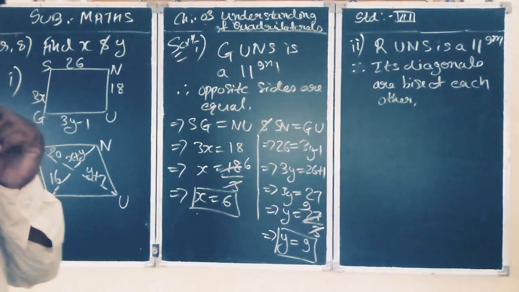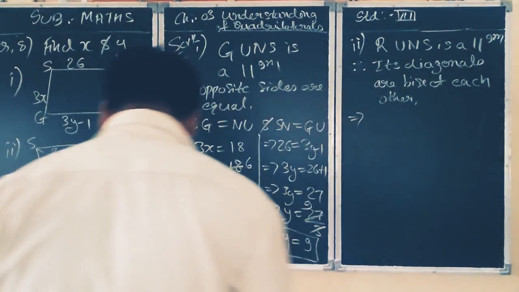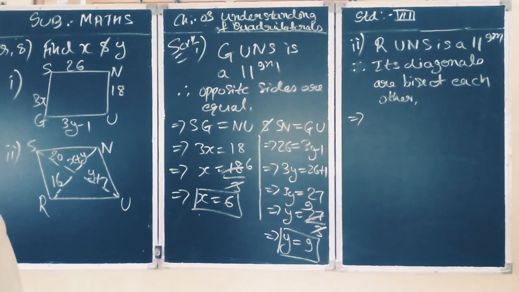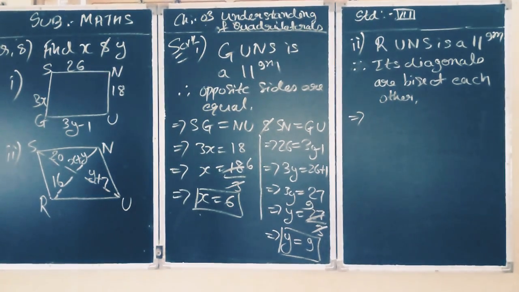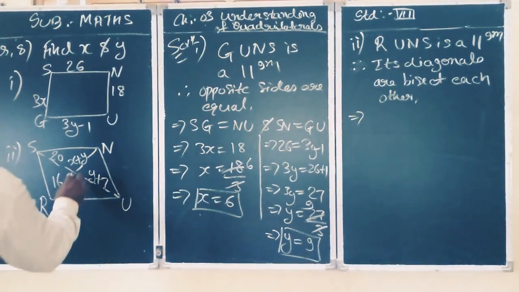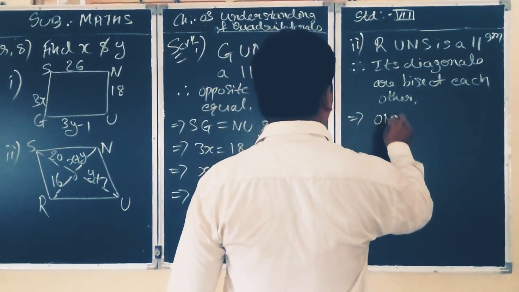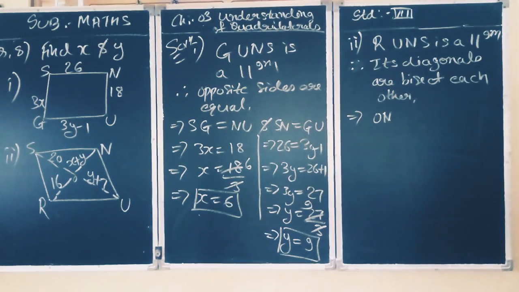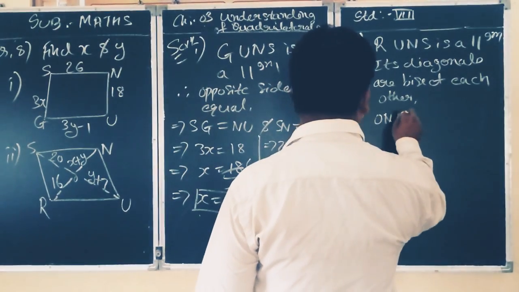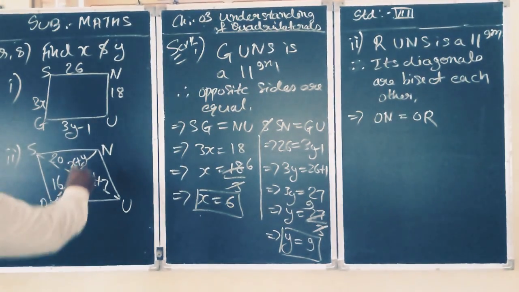Name the point of intersection O. Diagonals bisect each other, so this part is equal to this part.